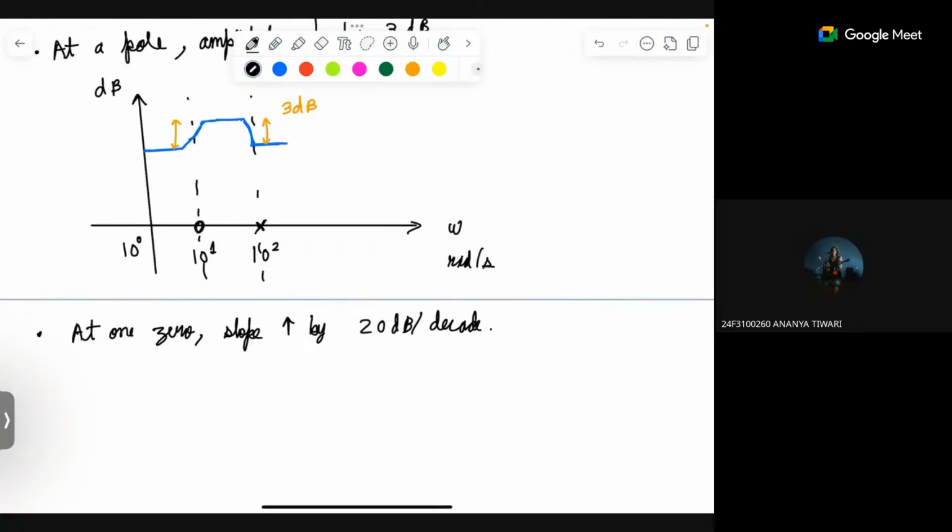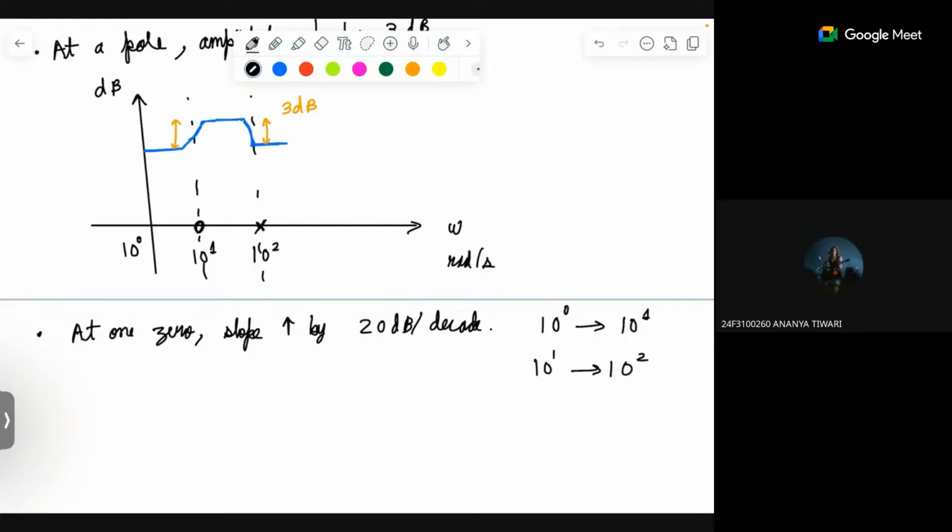What is a decade? My frequency was 10 raised to the power of 0. It goes to 10 raised to the power of 1. So this is 1 decade. 1 decade means an increase by a factor of 10. 10 raised to the power of 1 going to 10 raised to the power of 2, an increase by 10 times, is 1 decade. Is this clear?